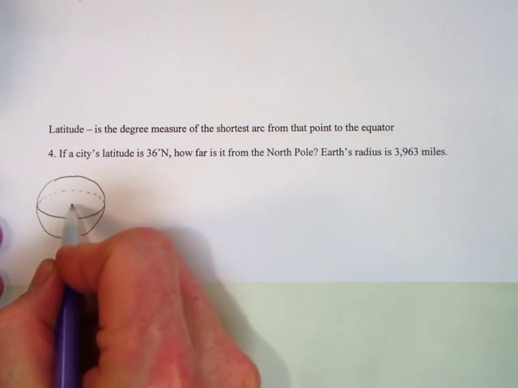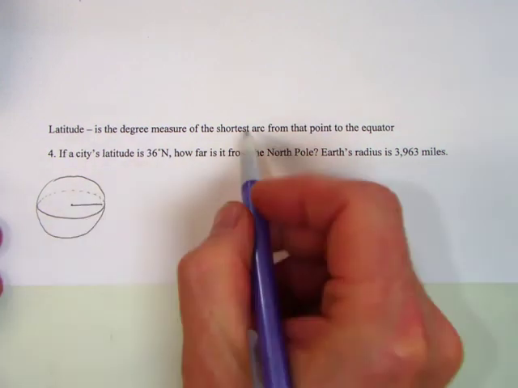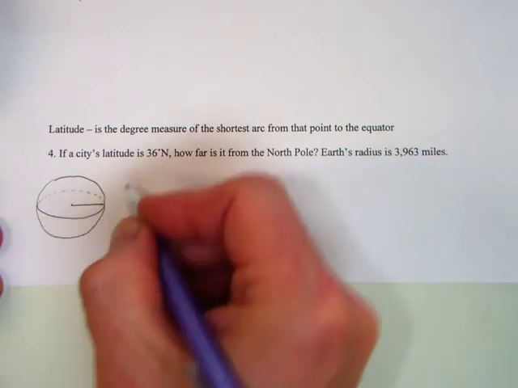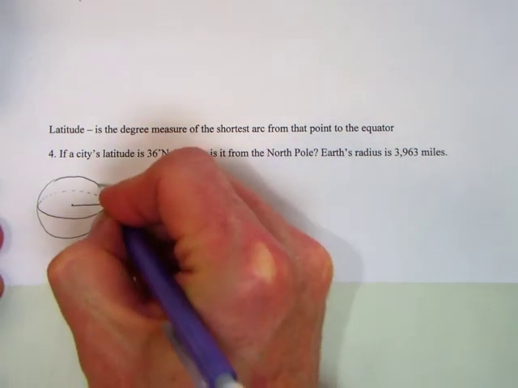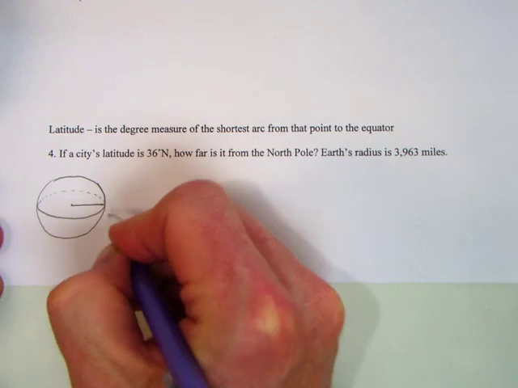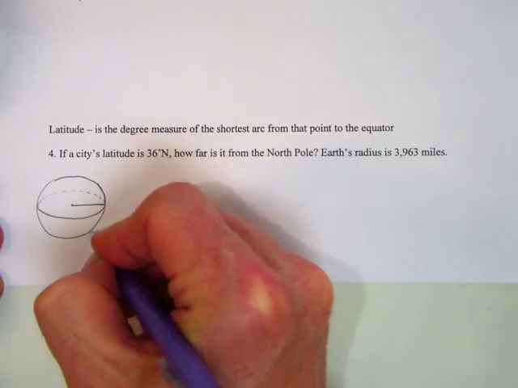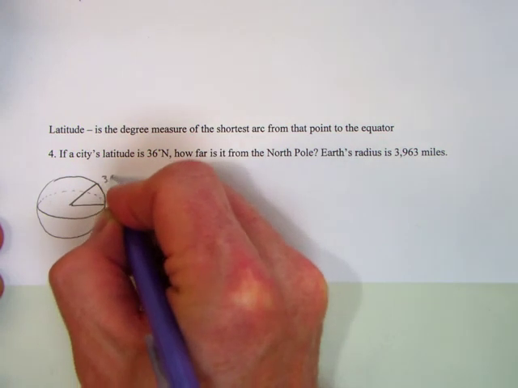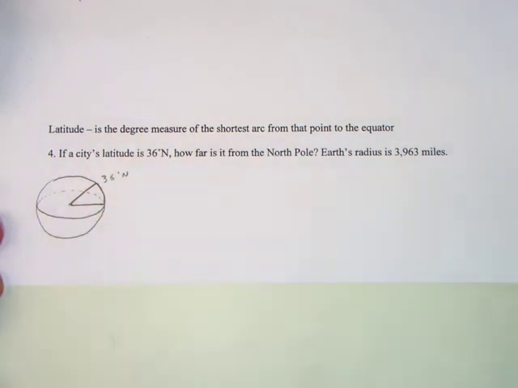Now it says it's 36 degrees north, so we're going to go shortest arc from that point to the equator. We'll start, here's the equator, and we'll go 36 degrees north of the equator. If it said south, we would go down. So this point there would be 36 degrees north.